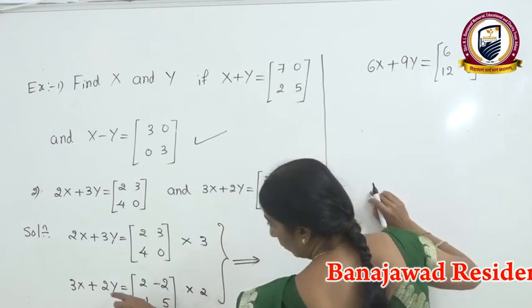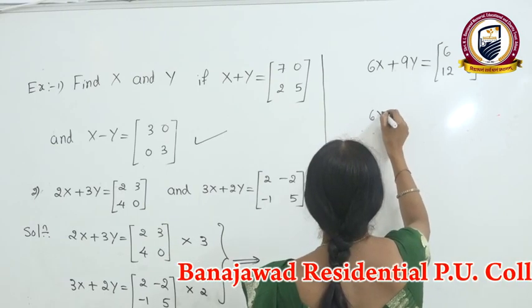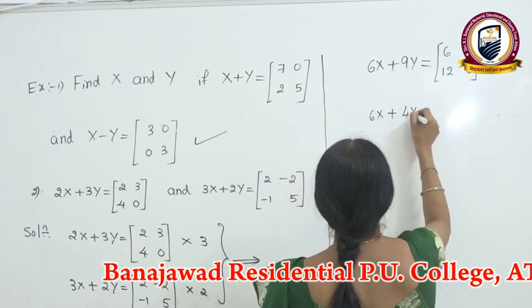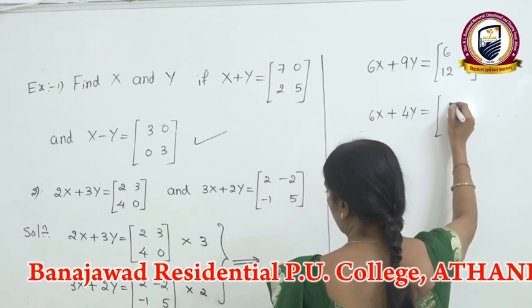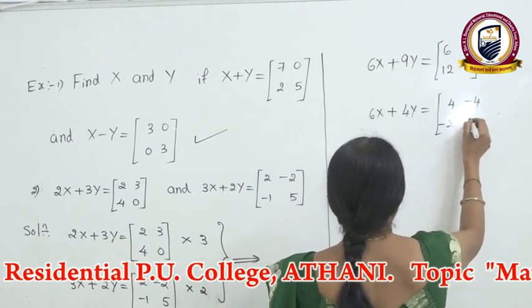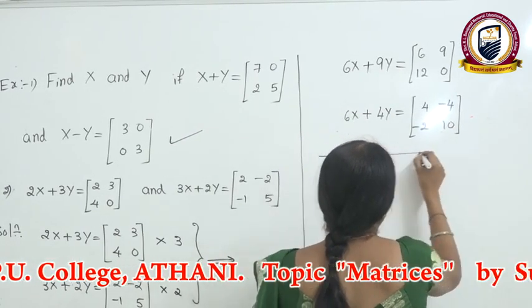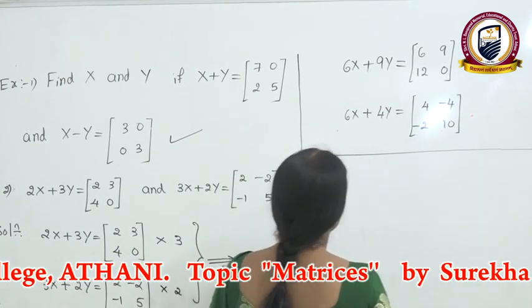And exactly below, each expression is multiplied with 2. So now they are in the same form as simultaneous equations.